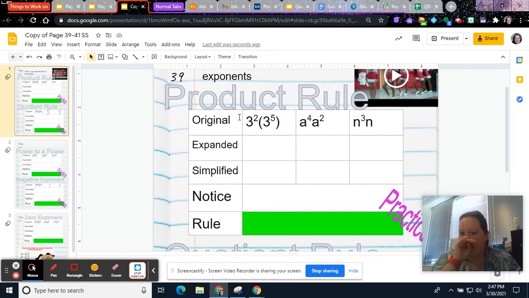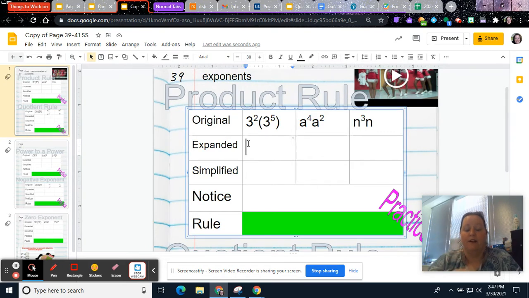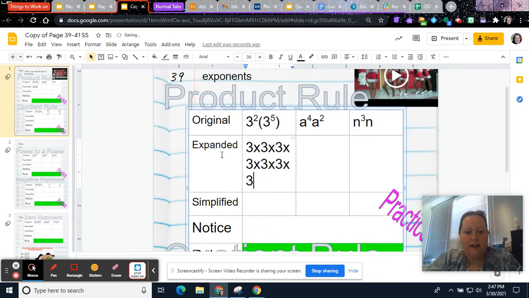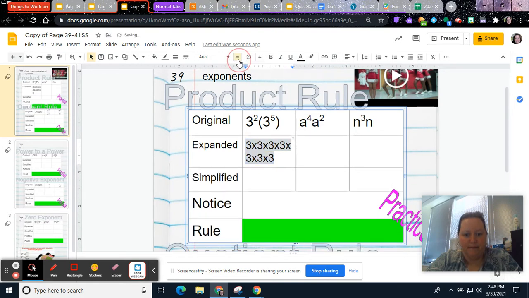So here's what the product rule says. First, we're going to go through this a long way. If you think about what 3 squared means, it means 3 times 3. And then this says 3 squared times 3 to the 5th power. So 3 to the 5th power means 3 times 3 times 3 times 3 times 3.